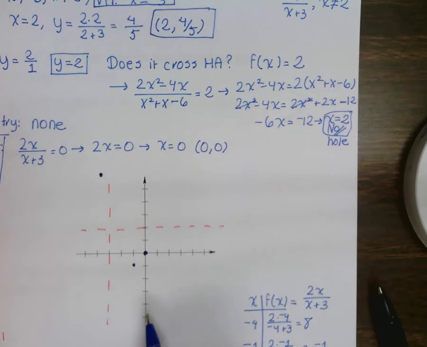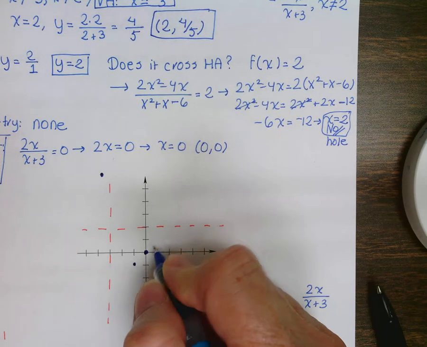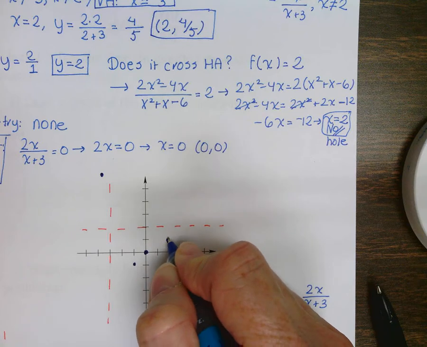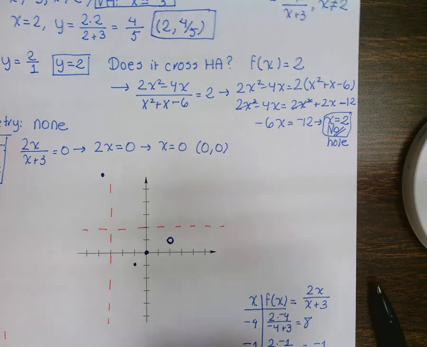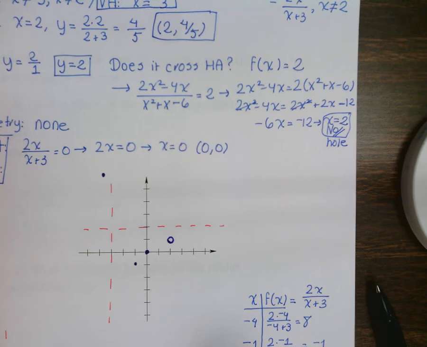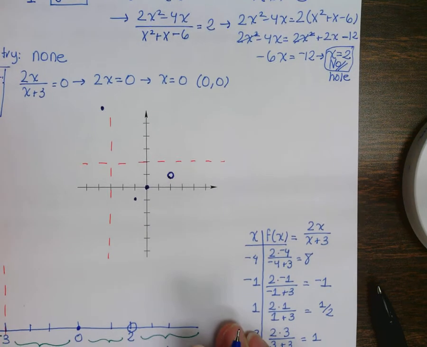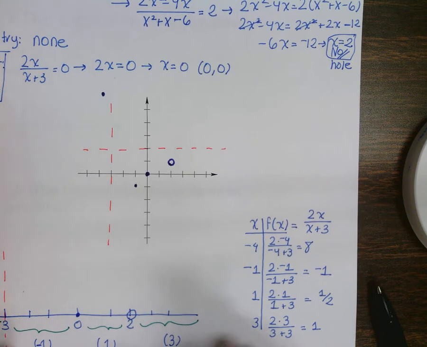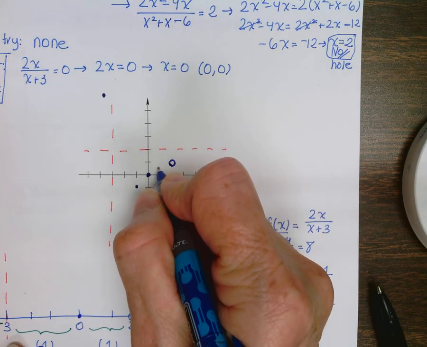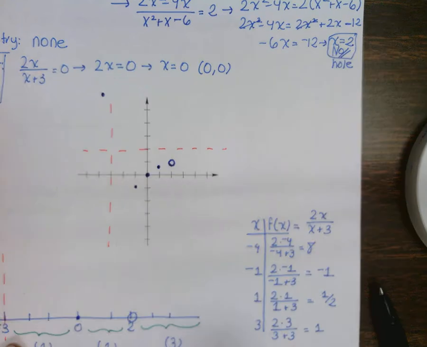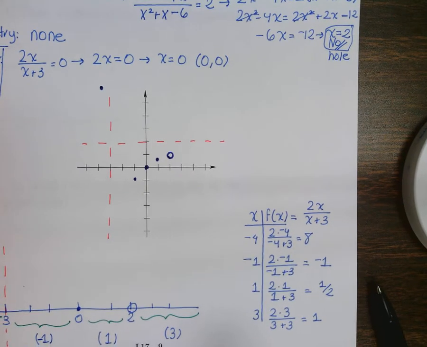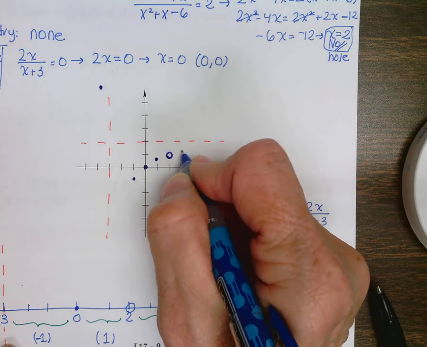And what are the coordinates of the hole? 2 and 4/5. So we want to be sure to put that hole in there nice and big so we can see it. Make sure if you're graphing this that it's visible to the person grading it. f of 1 was 1/2, which is right here. And f of 3 was 1.